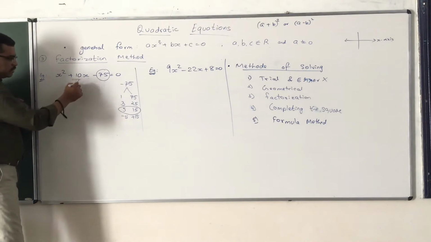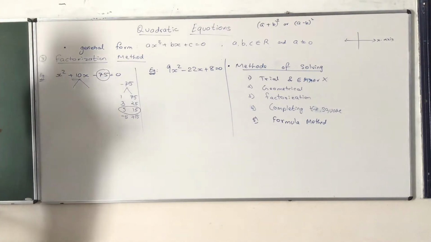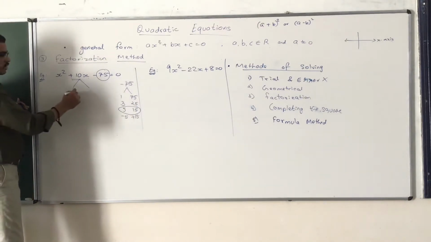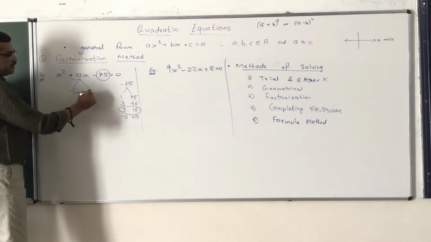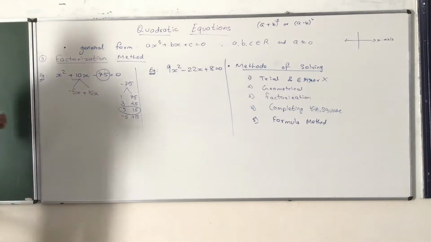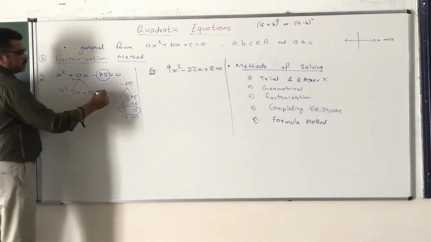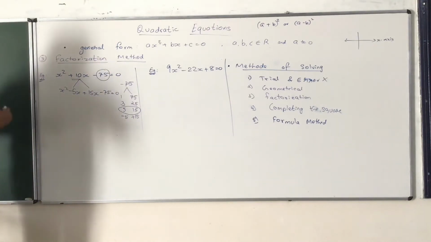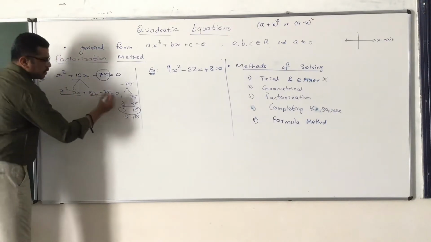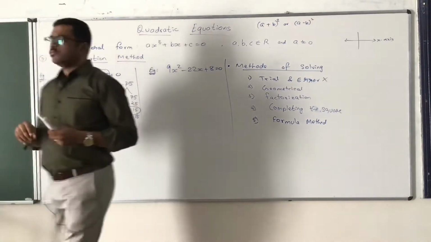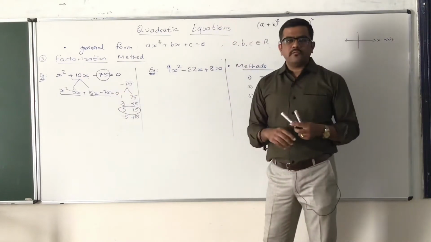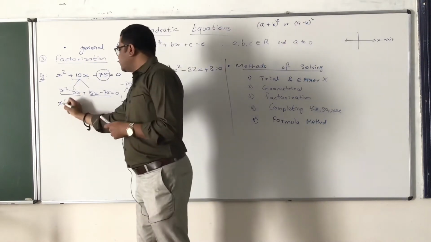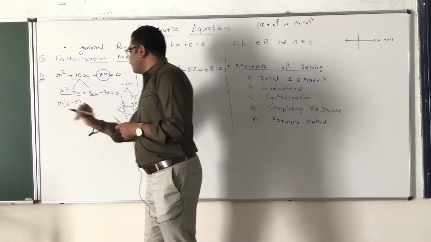So the middle term is split into two terms, that is negative 5x and 15x, and the first term x squared and the last term negative 75 remain the same. Now we can regroup and take out common factors. From the first group of terms we have x common, and what is left is x minus 5.